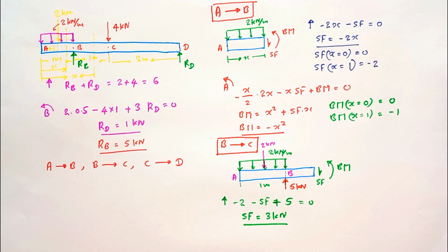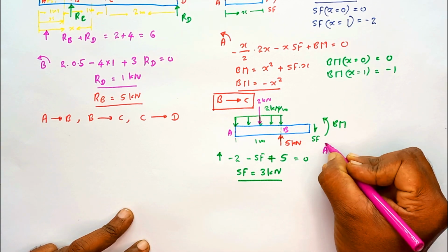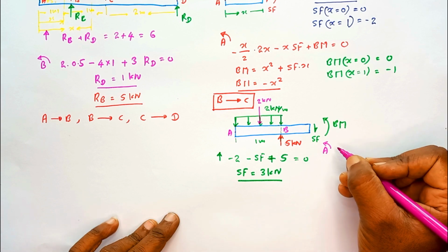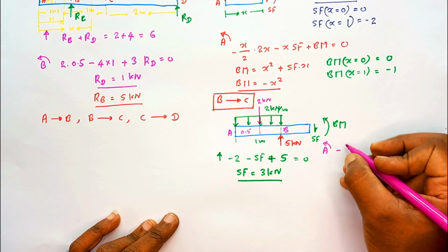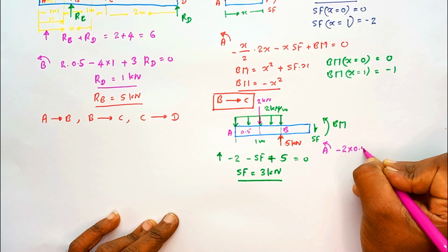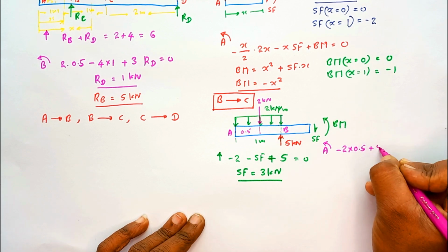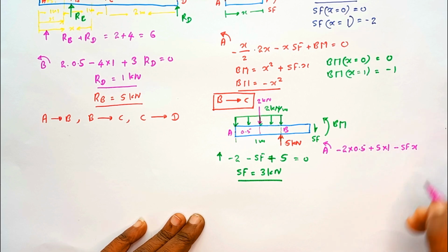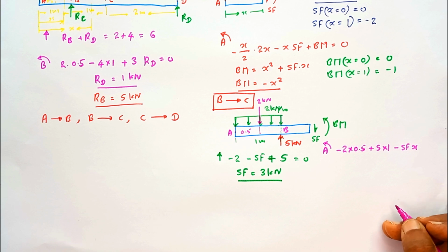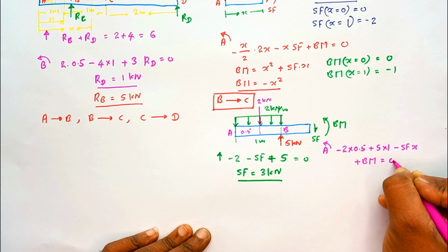Then next we are going to obtain the equation for bending moment. To obtain it, I am going to take the moment around this A point. Here the load acts at 0.5, so minus 2 into 0.5, plus 5 into 1, minus shear force into x, plus bending moment is equal to 0.